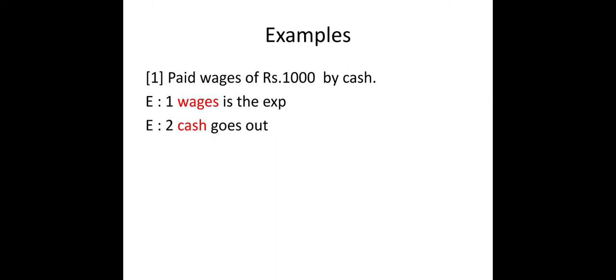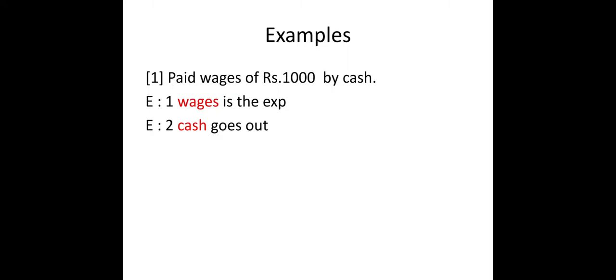In the first sentence, you can see that wages is the expense. What is the first word in this sentence? Wages. Wages is a nominal account. It is an expense. Debit all expenses and losses. So we can say that the name of account in the first effect is wages.